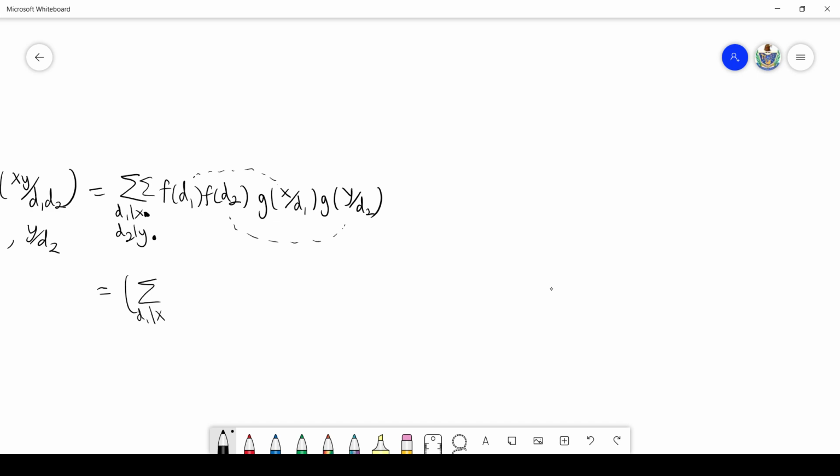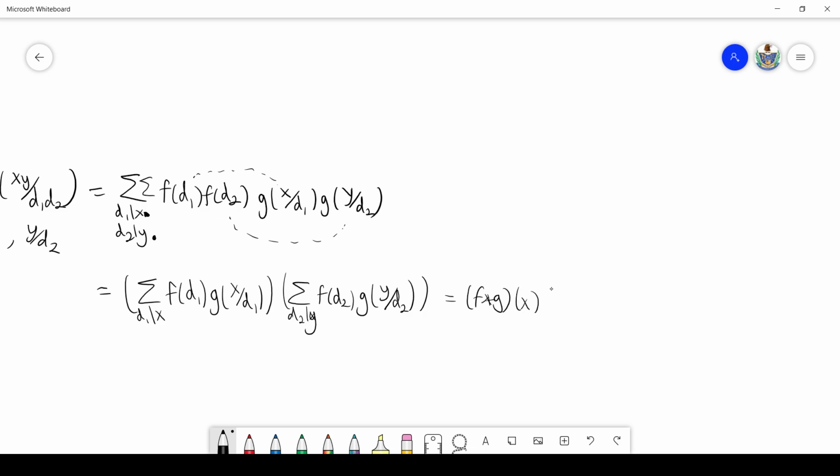We can factor this double sum over two independent conditions as a product of the two sums. This is d2 dividing y, f of d2, g of y over d2. And of course, these two sums are just f convoluted with g of x, and then f convoluted with g of y.